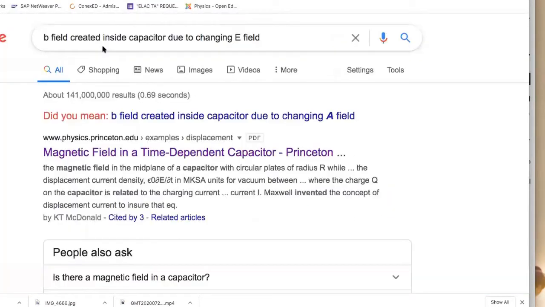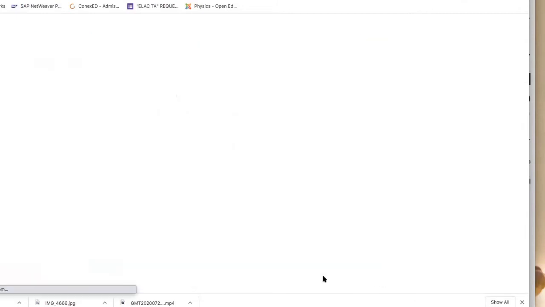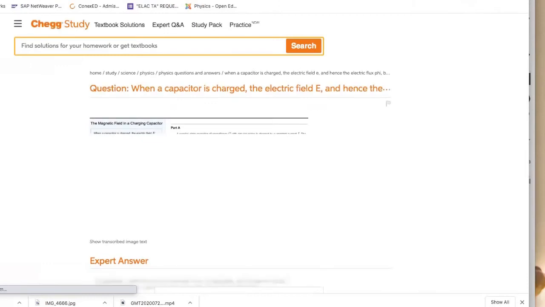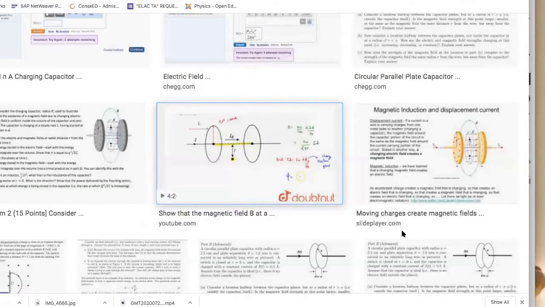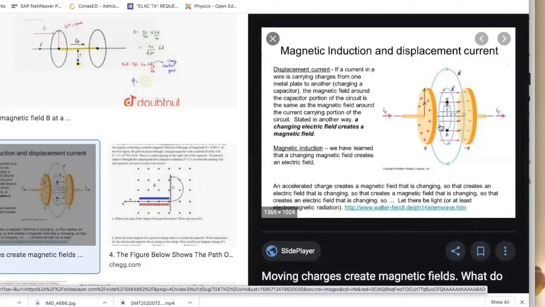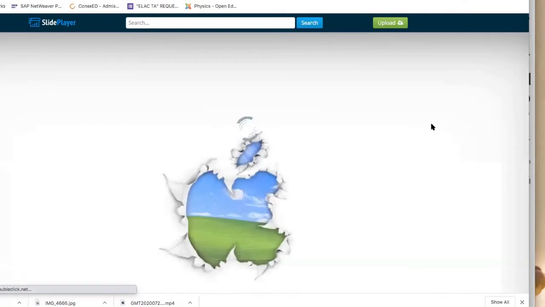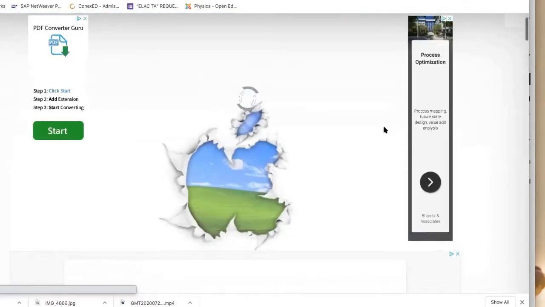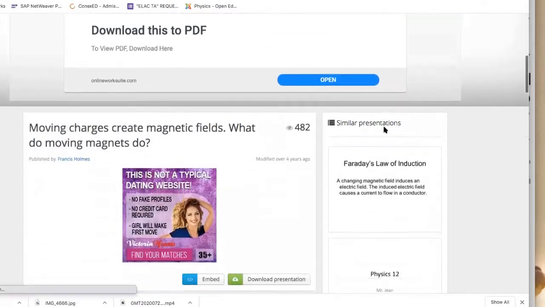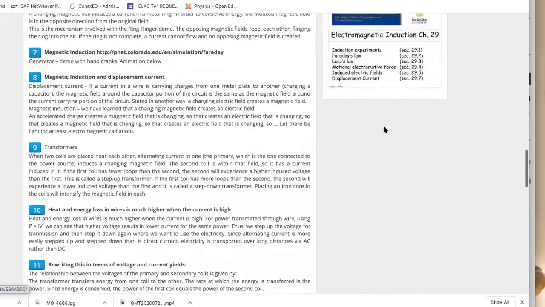Okay, so let's see if there's some images for that. There it is. That's a nice image. You see that? Why is it when you click on a good picture it takes you to a weird website?